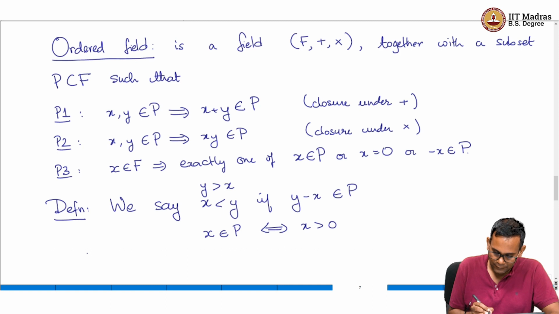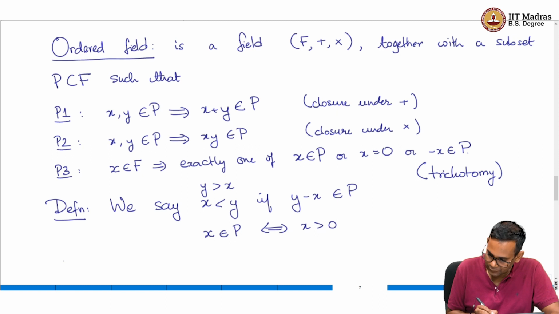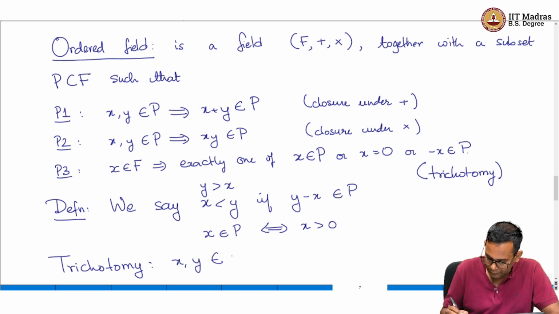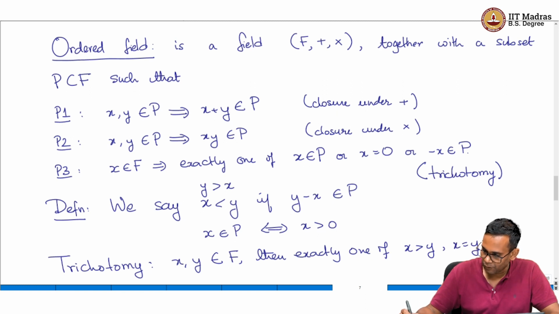In this context, this third axiom is called trichotomy, and in this context trichotomy says that if x and y are in the field, then exactly one of the following holds: x is greater than y, x is equal to y, or x is less than y.